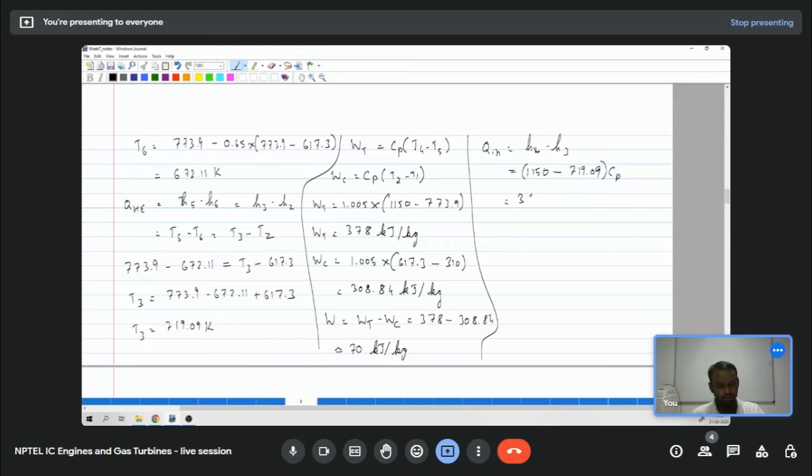This turns out to be 382.81 kilojoule per kg.